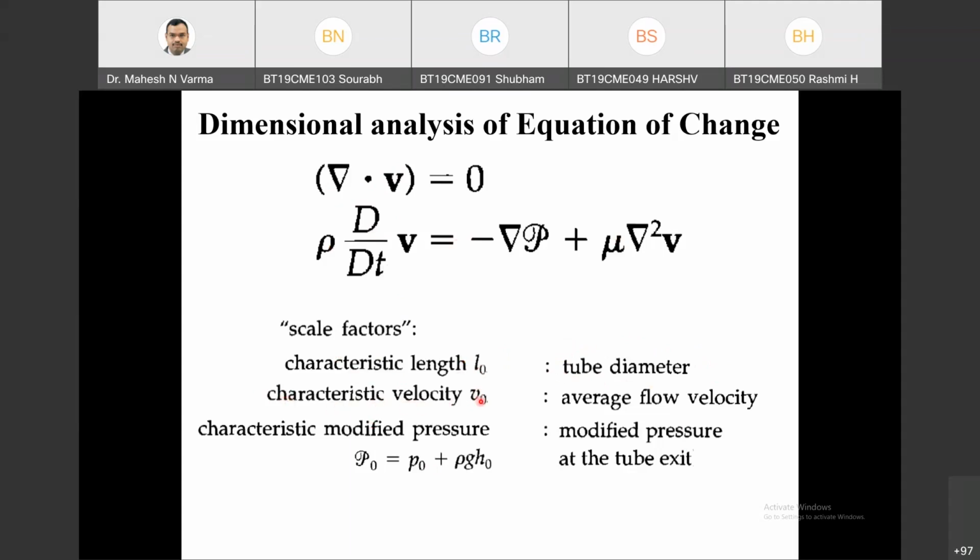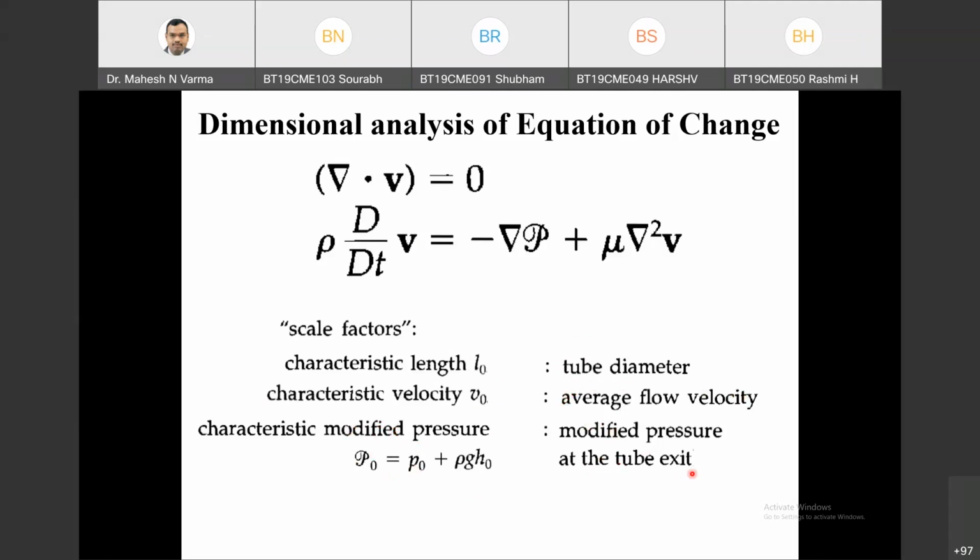A characteristic velocity V0 is used to make all velocities dimensionless, which is the average flow velocity for flow through pipe, or bulk velocity. The exit pressure is used as the characteristic pressure.